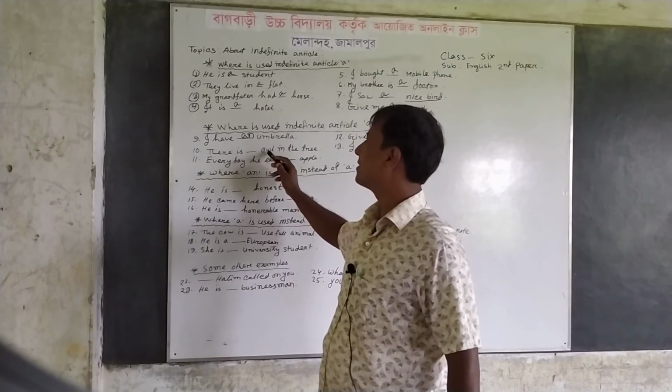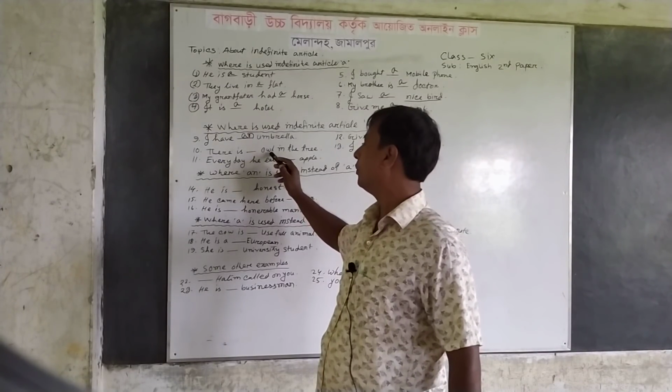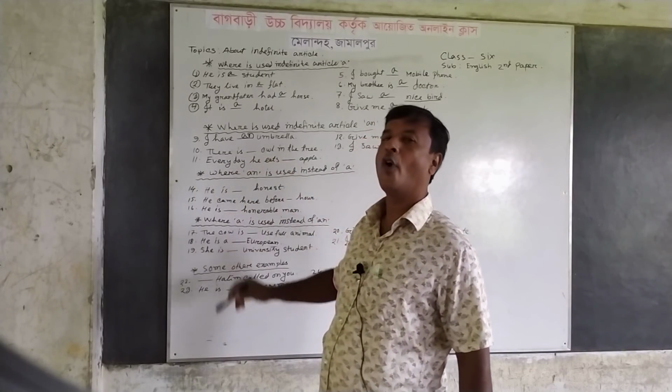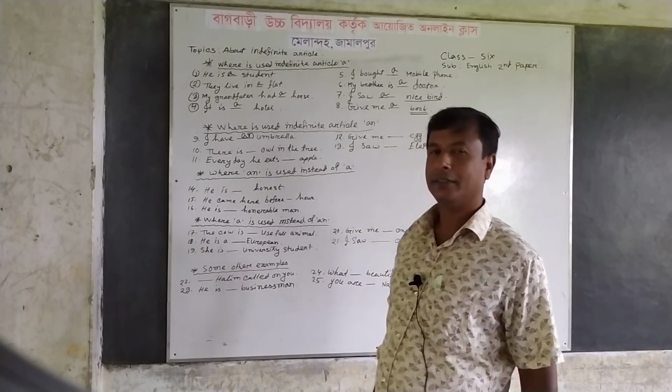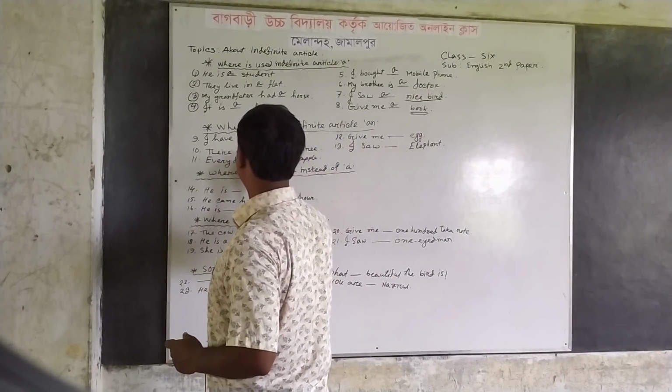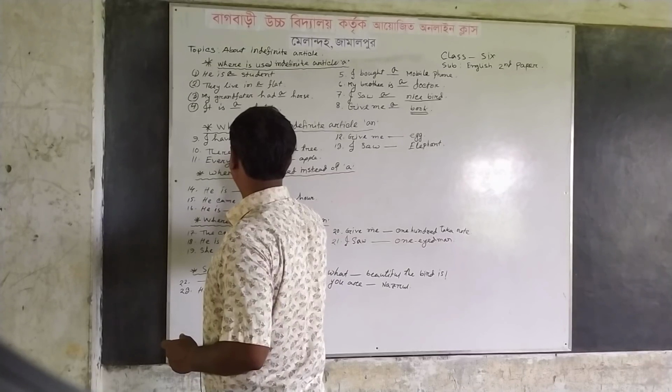Here owl is a singular countable noun and its first letter is O, which is vowel. So we shall use AN before owl.